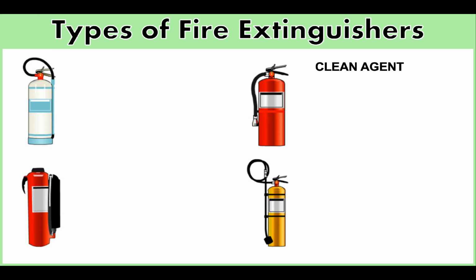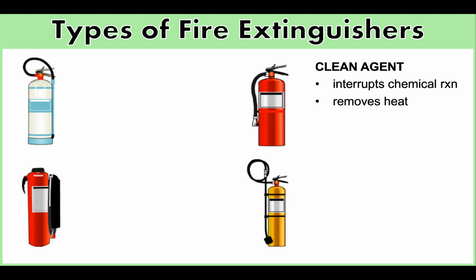Halogenated or clean agent extinguishers include the halon agents, as well as the newer and less ozone depleting halocarbon agents. They extinguish the fire by interrupting the chemical reaction and or removing the heat from the fire triangle.